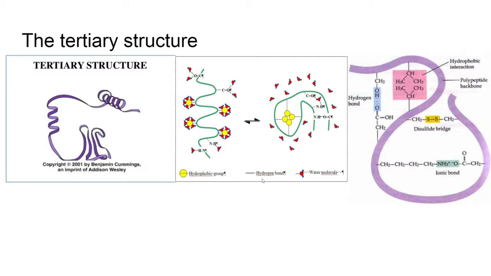So we have hydrophobic interaction, and that is when there's water on the outside, and the amino acid will interact with it and immediately go to the center, where it will be held together by van der Waals forces. And the other is disulfide bridge. This is made by 2 different sulfurs that are bonded to each other.